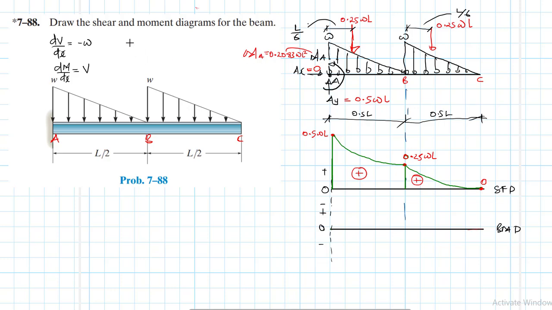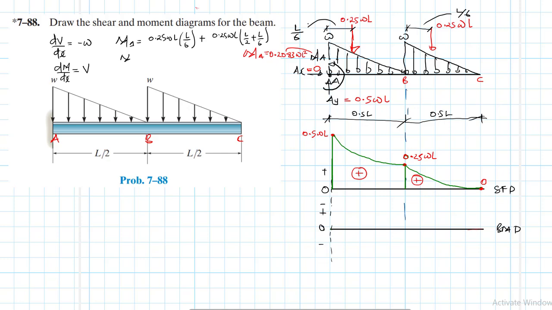So let me write MA. We know that our MA is equal to 0.25 WL times L over 6, plus 0.25 WL times L over 2 plus L over 6.